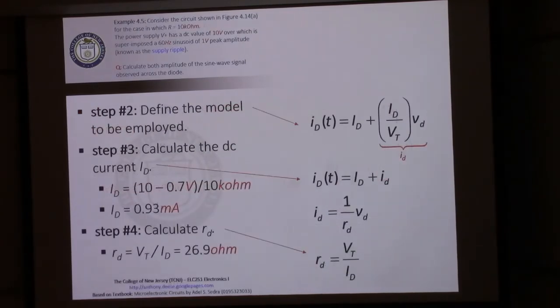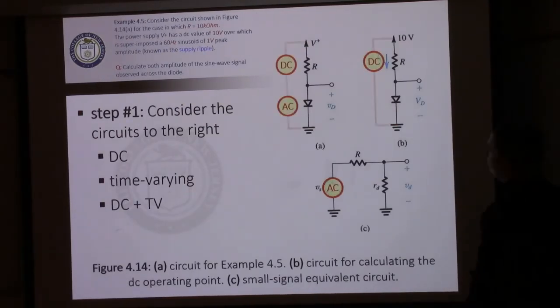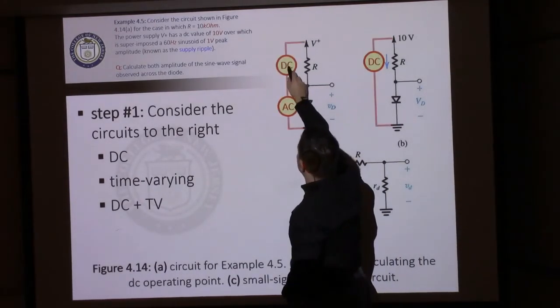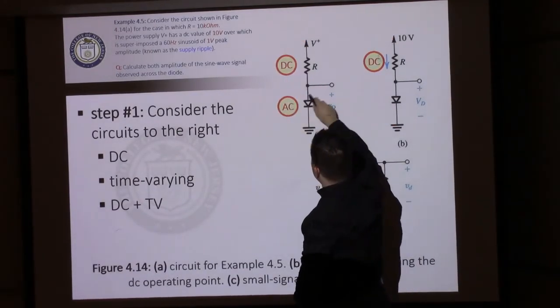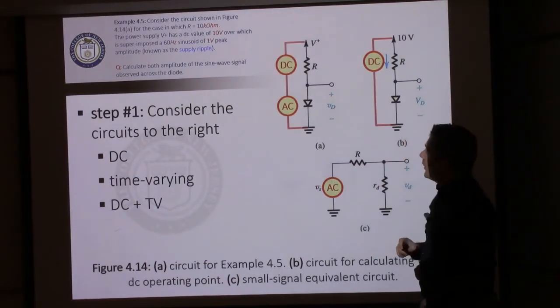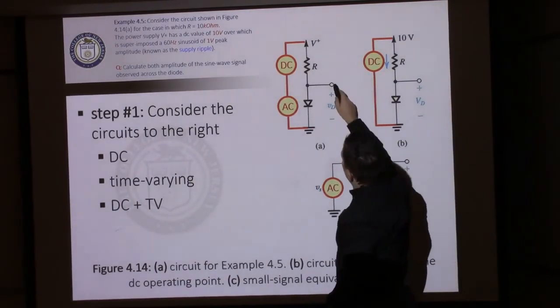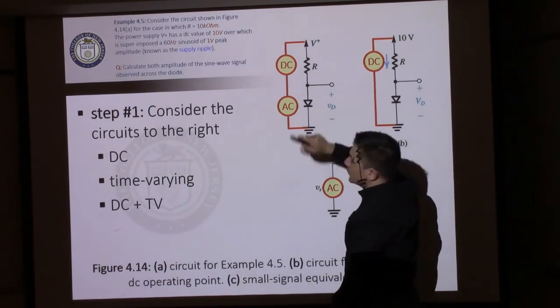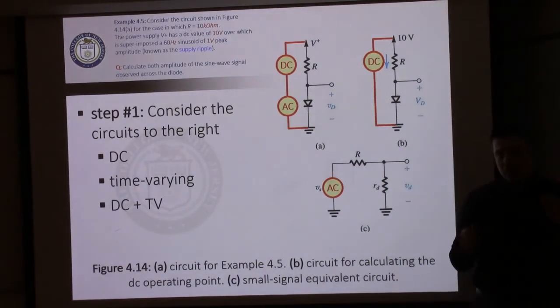So if we go back and take a look at this right here, what the answer is telling us is that if this is 10 volts DC and this is 1 volt time varying, what is going to be the output that we observe here? It's not going to be a 1 volt ripple in the voltage across the diode. It's going to be much smaller.